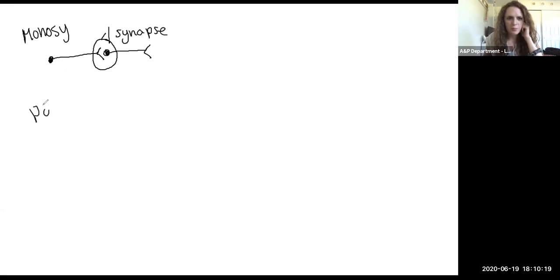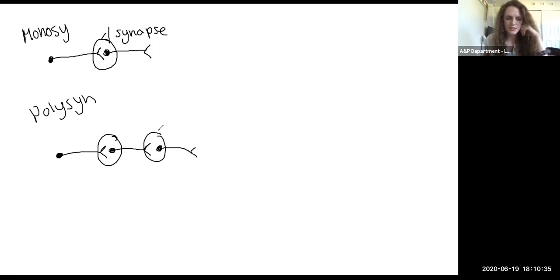If I was using polysynaptic, that would mean I would have one neuron that synapses on another neuron that synapses on another neuron, and so on and so forth. So you have one synapse, two synapses, you have more than one synapse. It's not talking about the number of neurons that you have. It's talking about the number of times the information is synapsed.